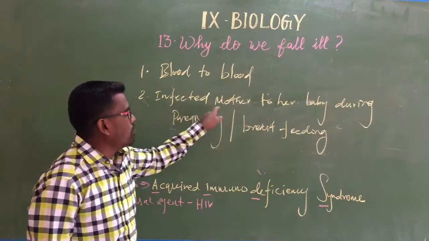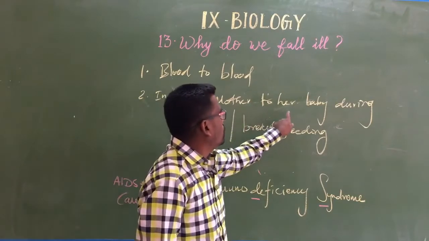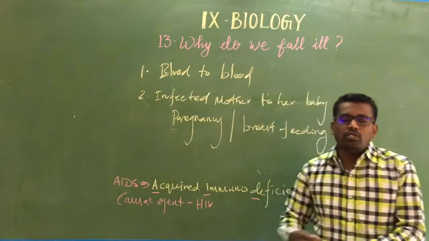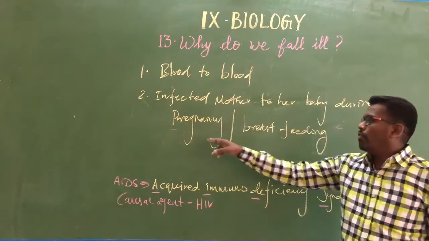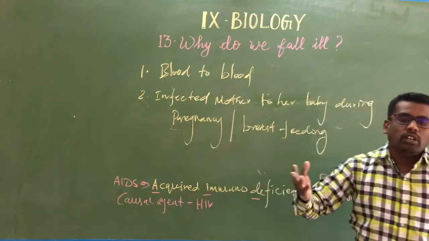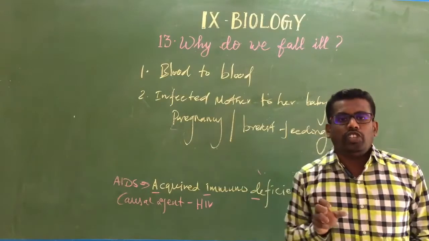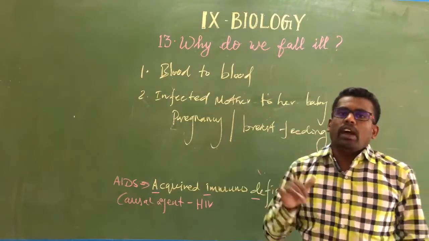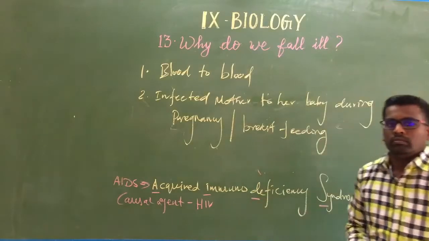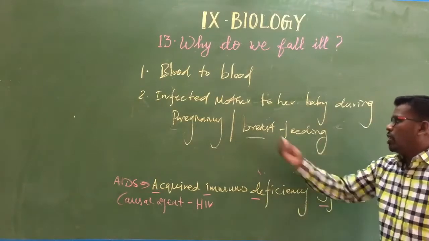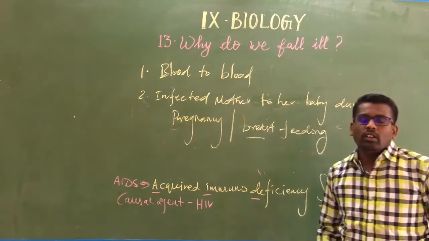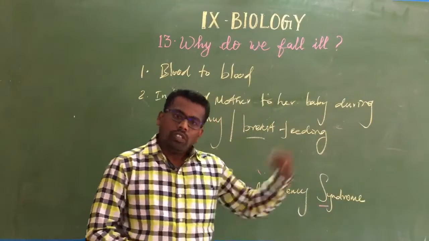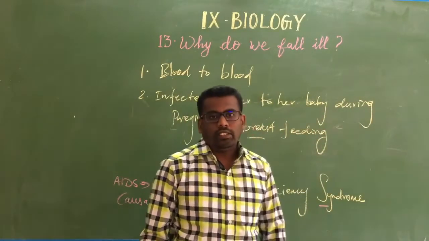If a pregnant lady has HIV, when she delivers a baby, the baby may also have the disease. Or when she breastfeeds her baby, there is a possibility of transmitting AIDS.